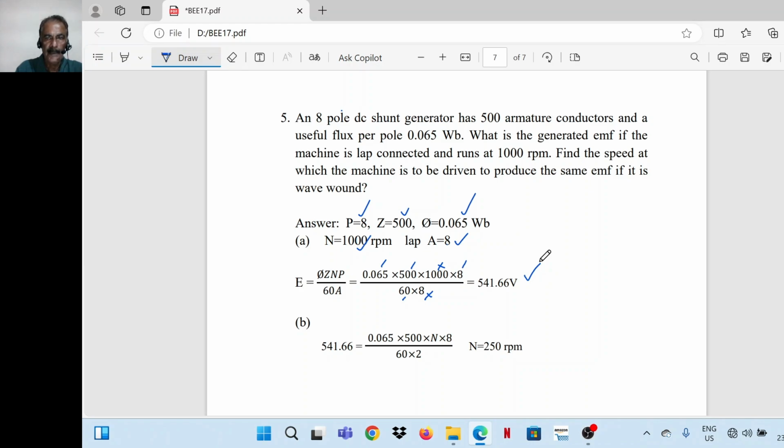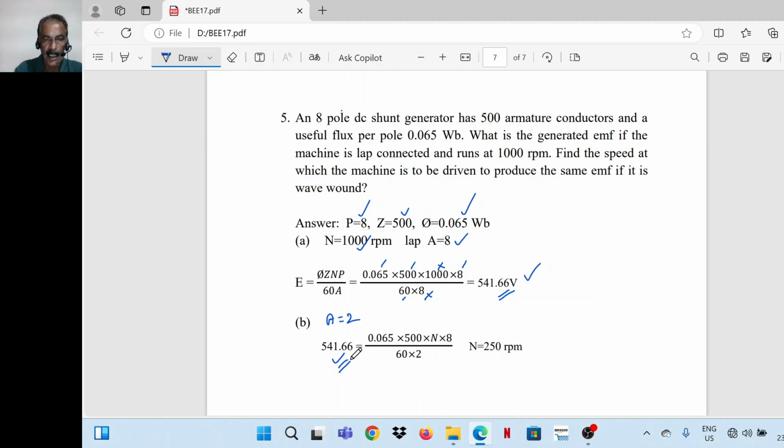Now the second part of the question is to find the speed at which the machine is to be driven to produce the same EMF if it is wave wound. So if the machine is wave wound, the number of parallel paths is equal to 2. Now we want to produce the same EMF. That means EMF induced should be equal to 541.66.